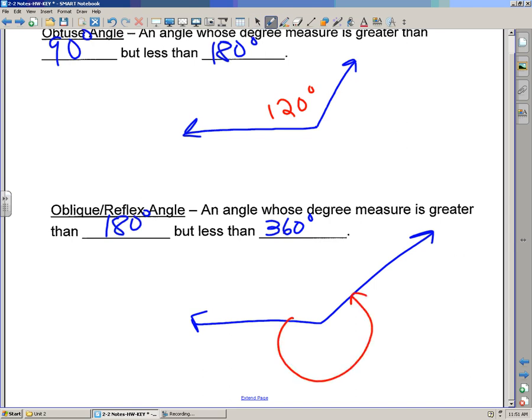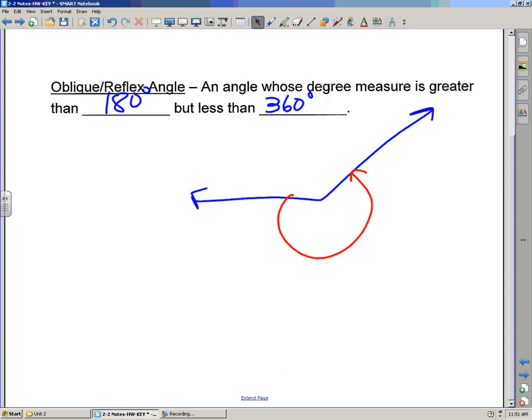And the oblique angle is going to be going around the back. Okay, so if we just were to actually take the degree measure from up top, we had that obtuse angle, I believe we called it 120. Well, the oblique angle's measure is going to be 360 minus 120, or it's going to be 240 degrees.